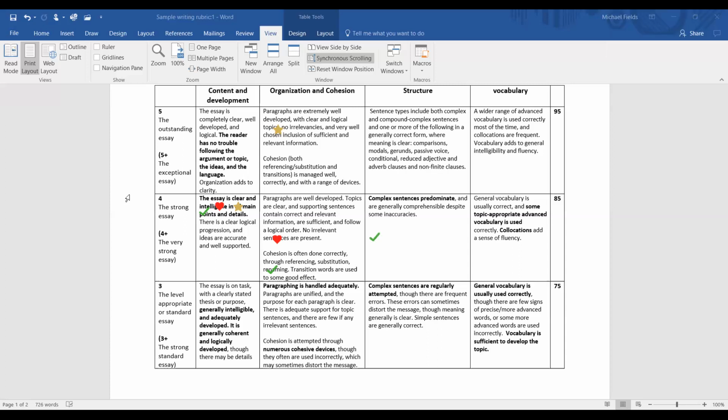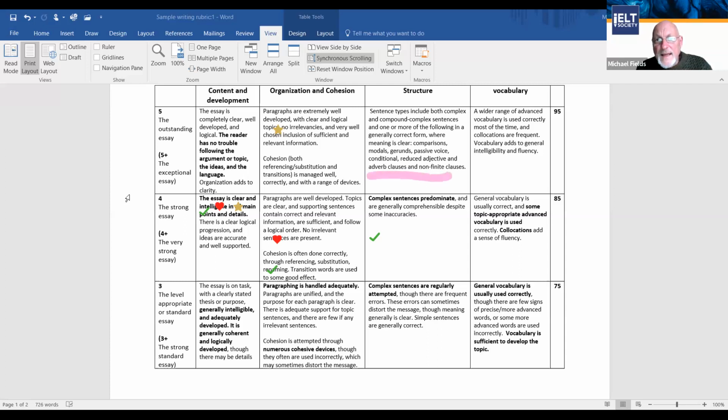Okay, great. So that's interesting. I just want to call attention to complex sentences predominate. We can go back and look at that. And it's generally comprehensible despite some inaccuracies, generally comprehensible. Okay, great. Tim, what about you?